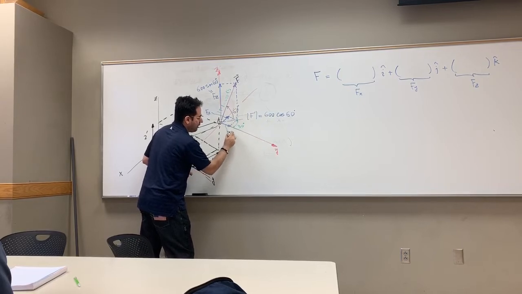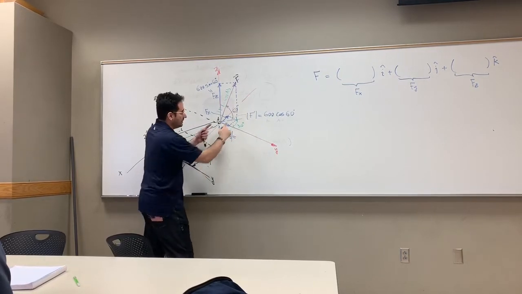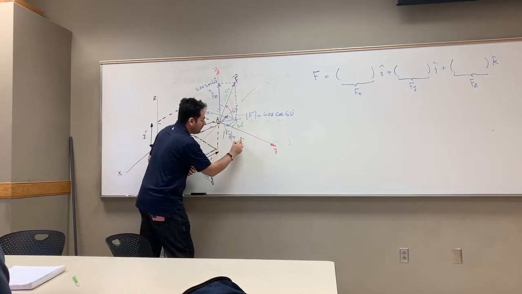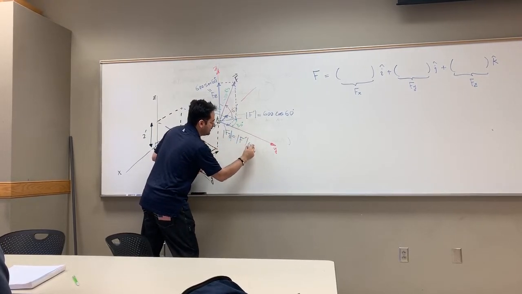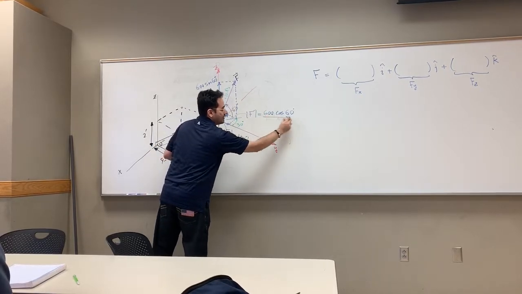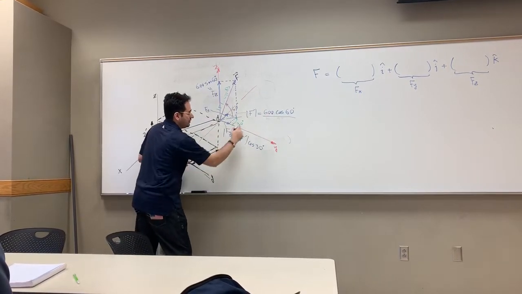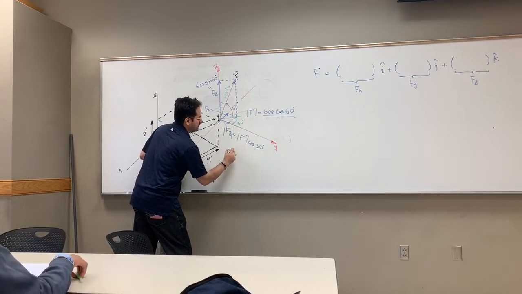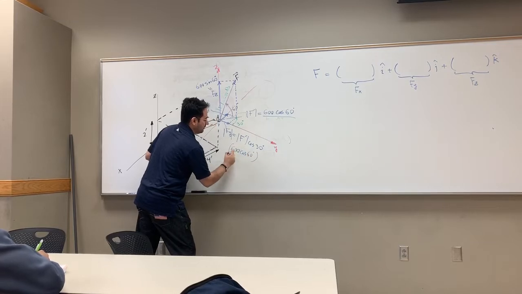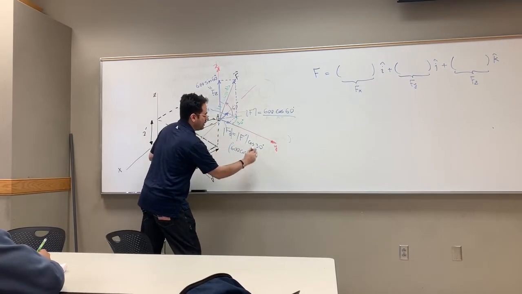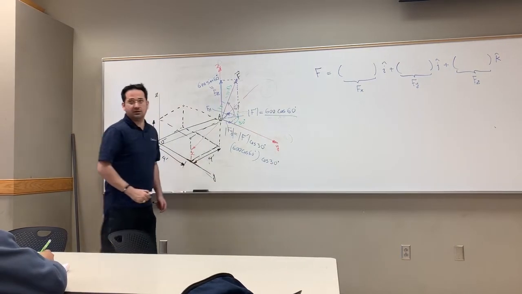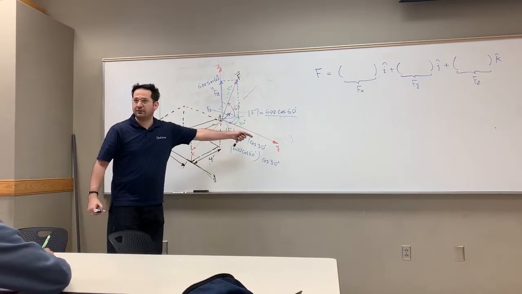So the value of Fy is F prime times cosine 30. Since F prime is already 600 cosine 60, that's 600 cosine 60 times cosine 30, and you can see it's positive.